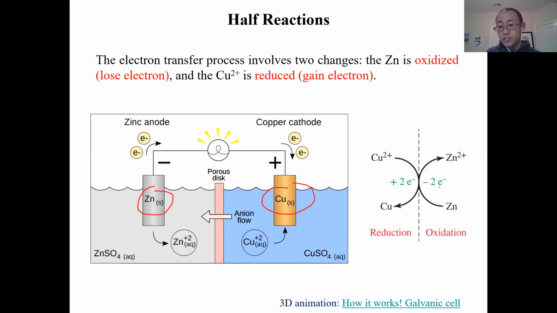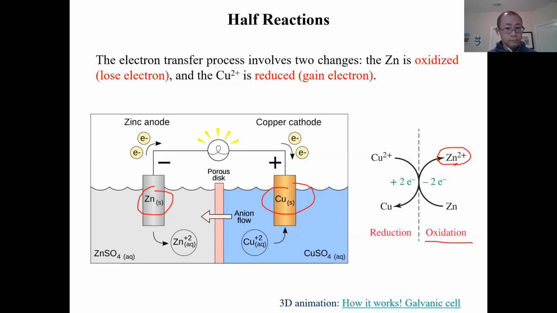Zinc loses 2 electrons to become zinc 2 plus ion. This process is called the oxidation process, called oxidation.